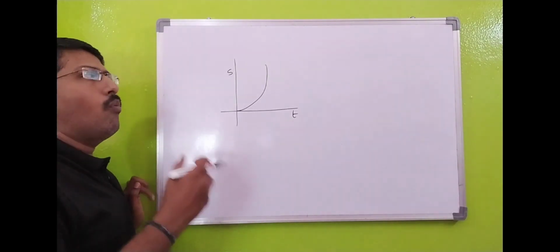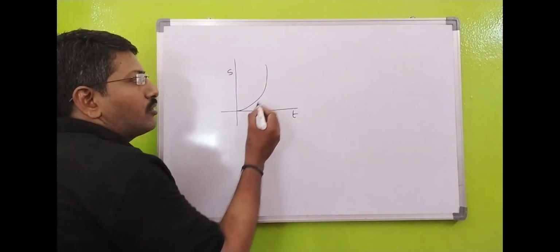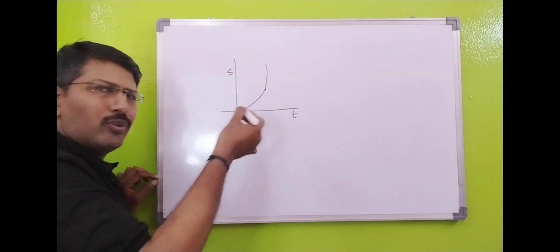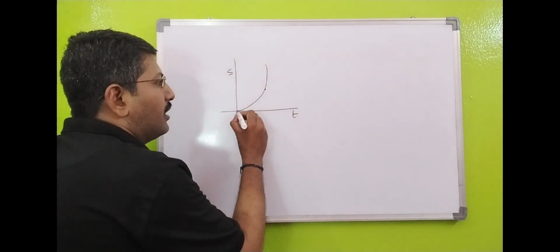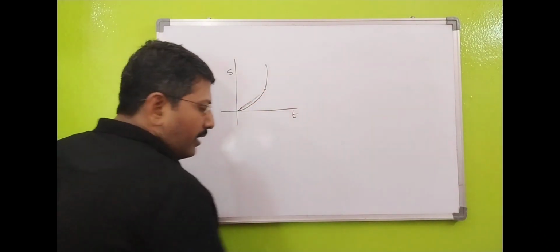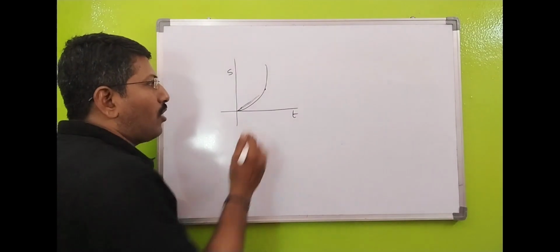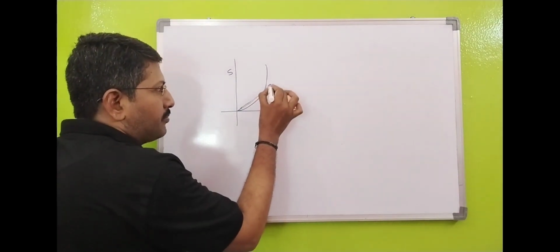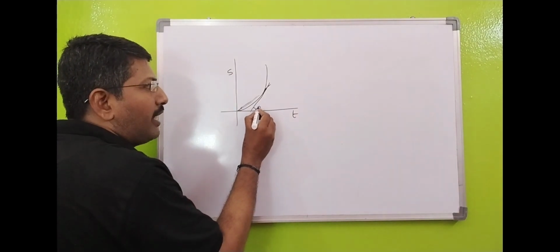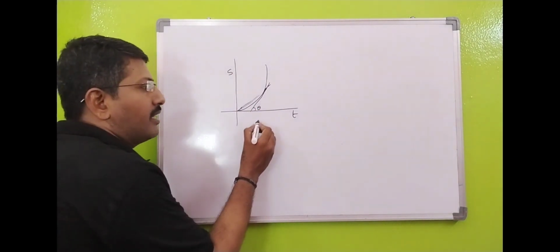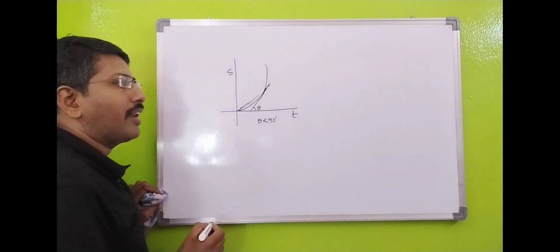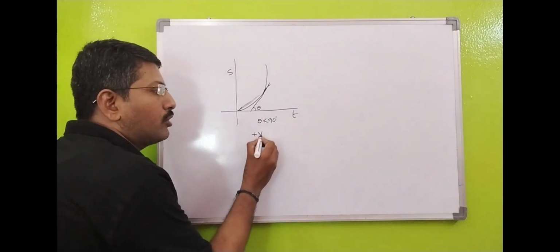Simply take one point anywhere and draw the tangent. If you draw the tangent, that theta value is less than 90 degrees. This type of graph we call positive velocity.